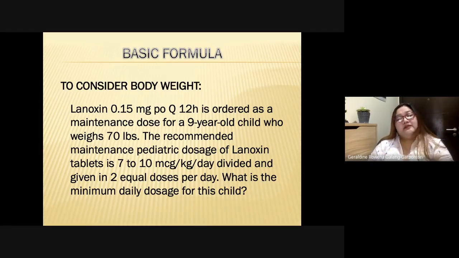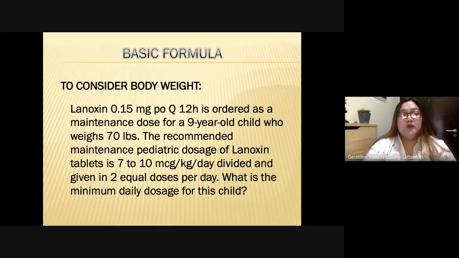The recommended maintenance pediatric dosage of lanoxin tablets is 7 to 10 microgram per kilogram per day. So may nakita ka na naman dyan na timbang. Divided and given in 2 equal doses per day. What is the minimum daily dosage for this child?